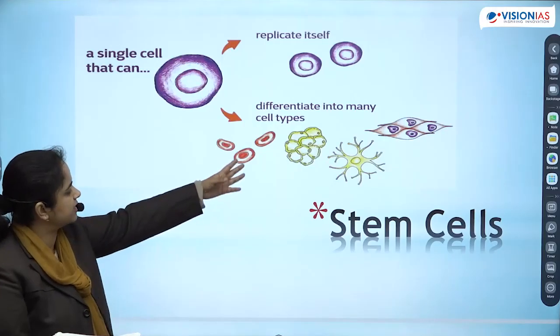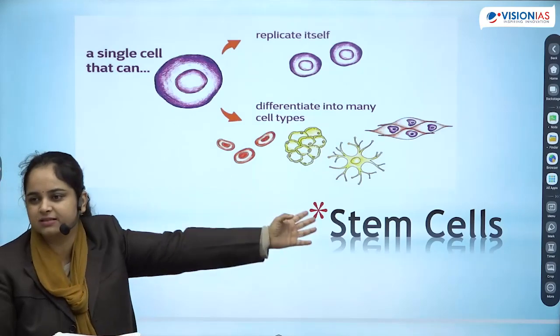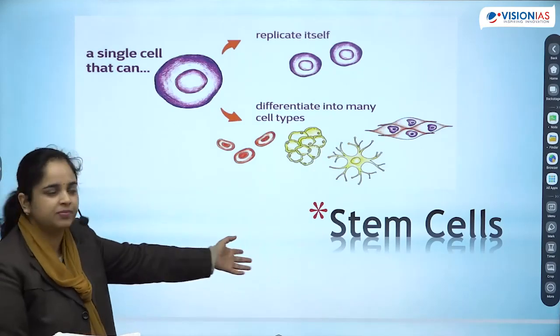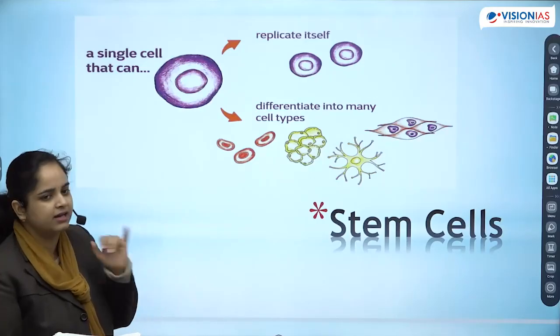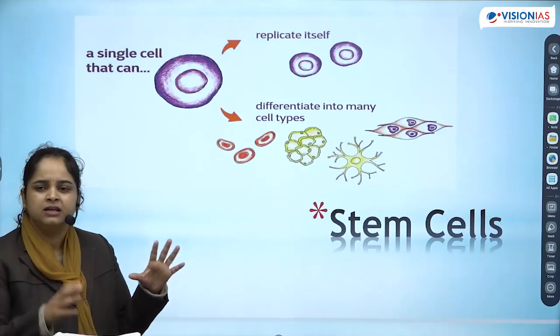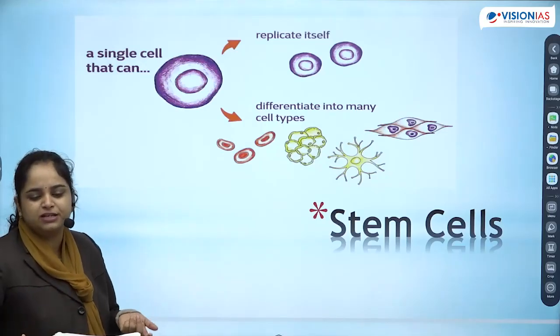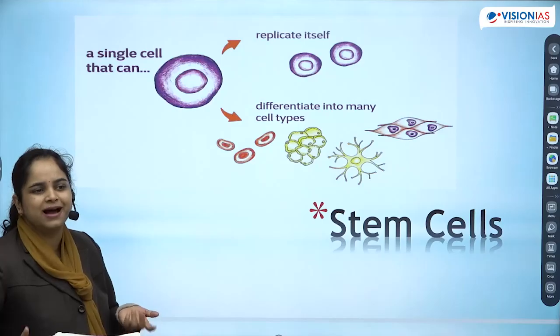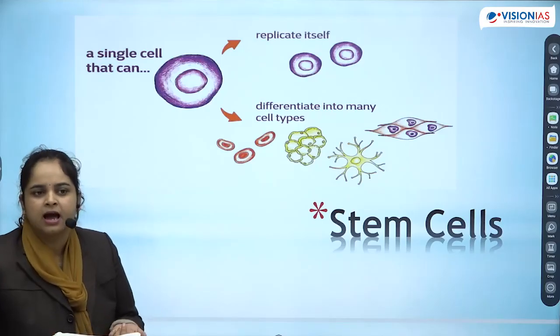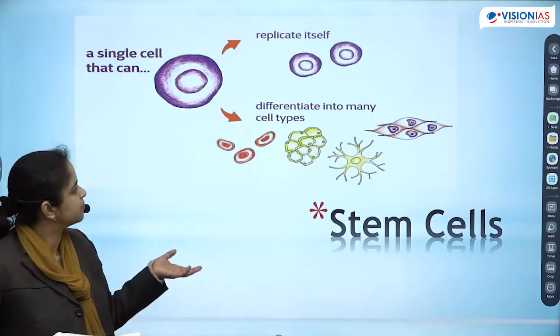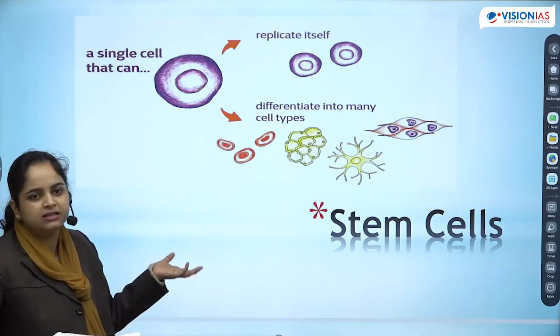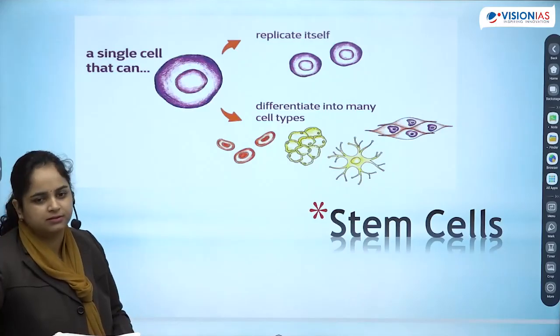So like blood cell, muscle cell, fat cell, whichever cells need to be made, they can be made. This stage of a cell, be it in humans, be it in any other organisms, be it in plants, we consider this to be the stage of stem cells. So stem cells are the situation where there is unspecialization, and because there is unspecialization, there is a possibility of creating new cells and new types of cells.